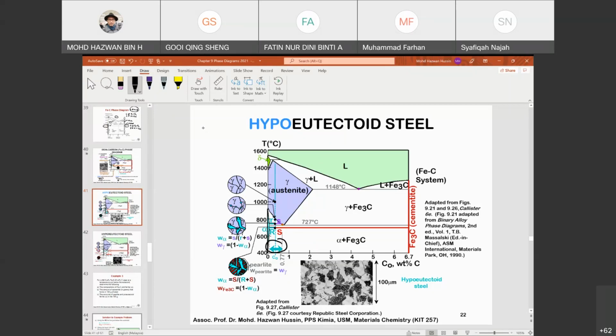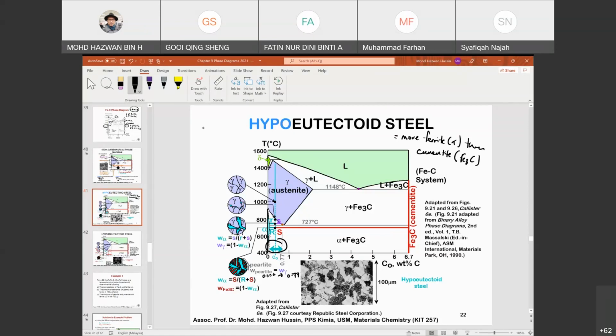So hypoeutectoid, literally, means that you have more ferrite or alpha than cementite, Fe3C. Okay. So what would be the possible microstructures? Okay, imagine that we are looking at this range, maybe at around 0.002, in between 0.77.